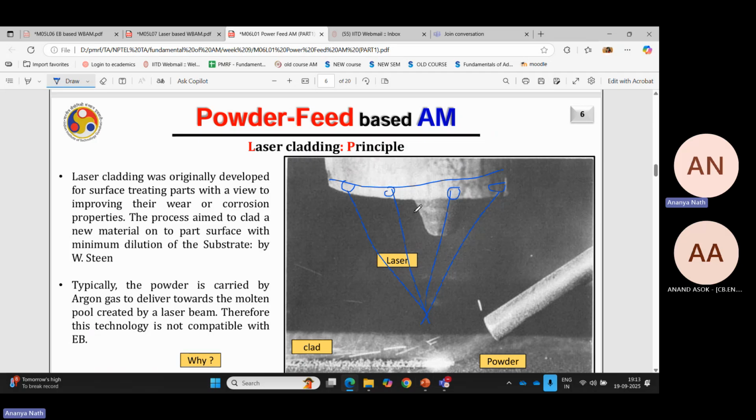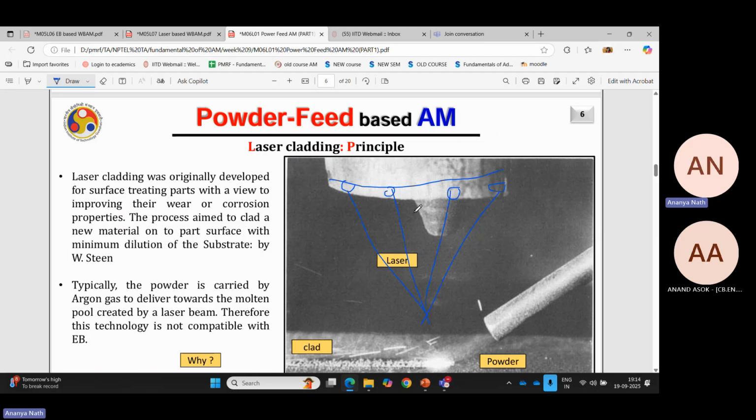So that is the main difference between wire and powder DED process. In wire DED, the wire will come through the central slot and the laser will come through the circumferential slot, whereas in powder the laser will come through the central slot and the powders will come through the circumferential slot.